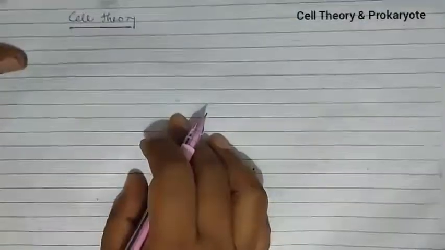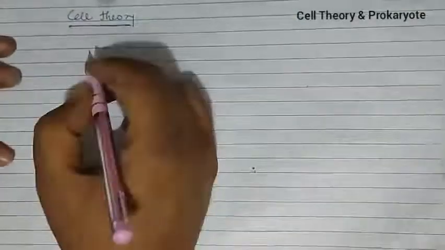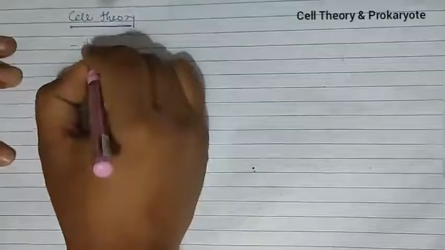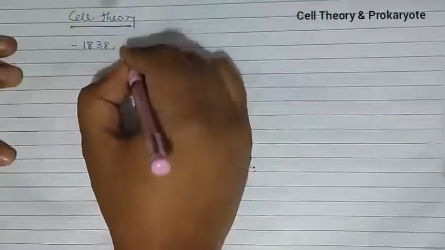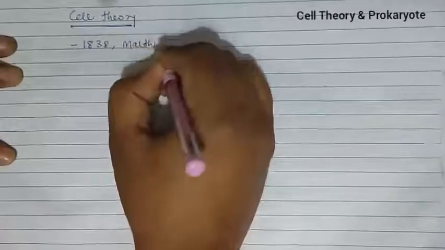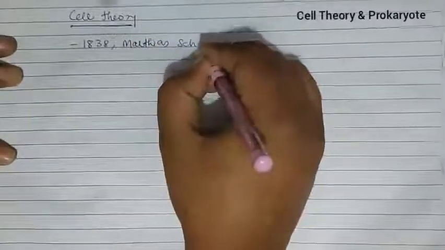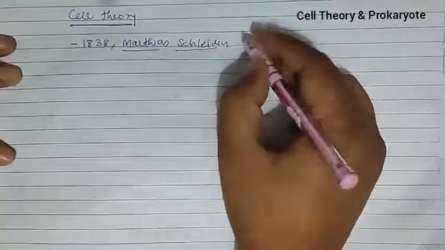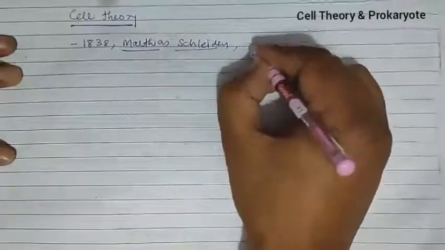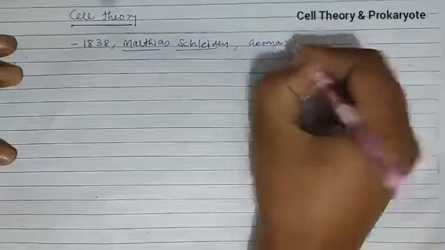Cell theory was given jointly by Schleiden and Schwann. But we first focus on the contribution of Matthias Schleiden in 1838. He was a German botanist.